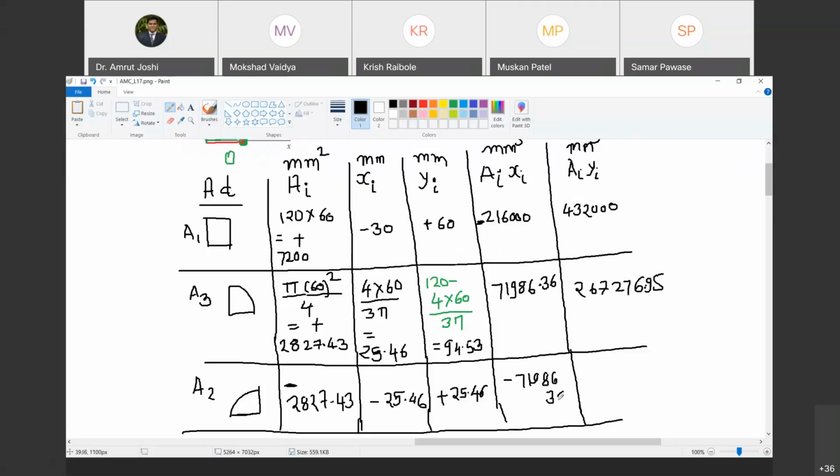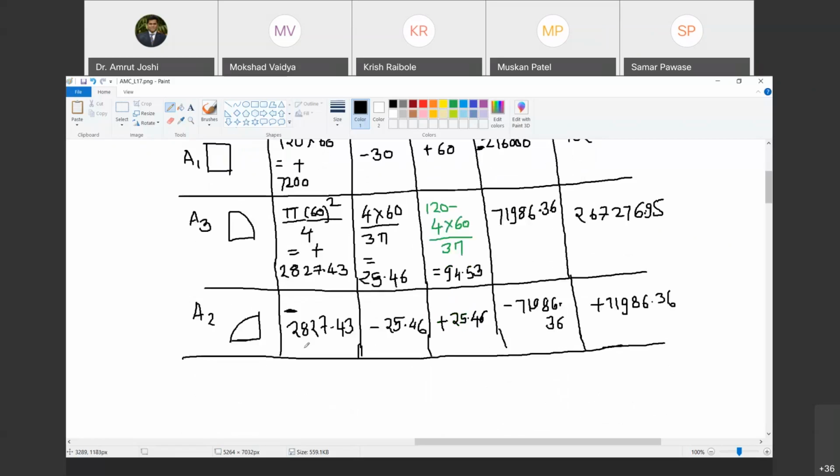Do you agree with me? Yes, sir. And how much is this? Plus 71986.36. So can you tell me what is the summation of area? 7200. Yes, because this is additive, this is subtractive, same amount. So this is going to remain as 7200.